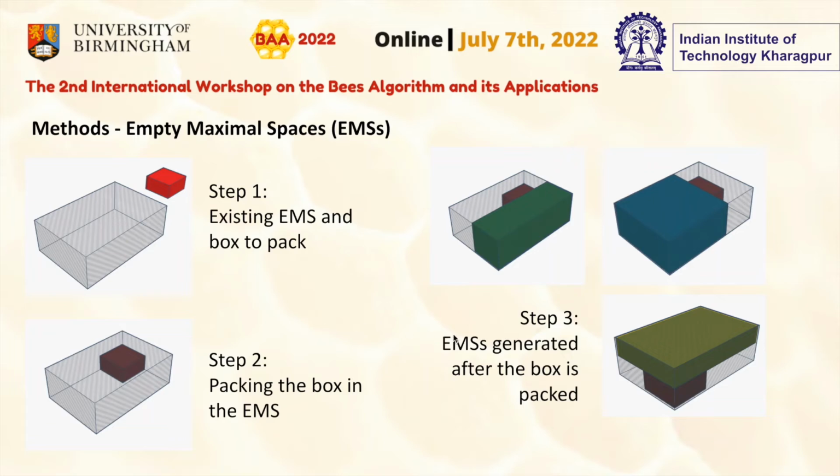In step 3 we generate the empty maximal spaces that result from packing the box, which means that we generate the biggest cuboids that you can see in the bin after this box is packed. As you can see, there are 3 empty maximal spaces generated in the bin after the box is packed.